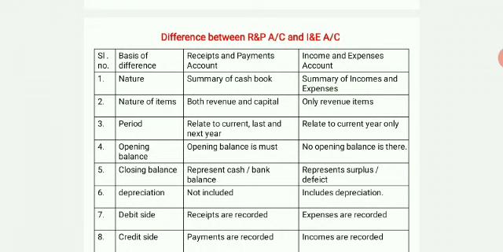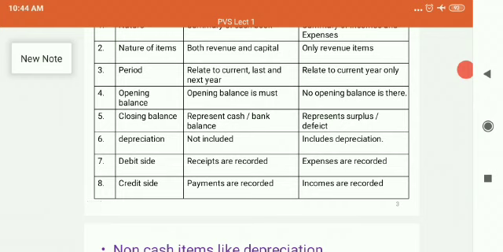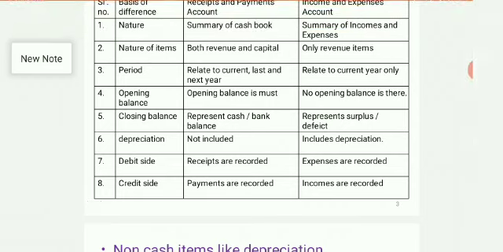The income and expenditure account records only revenue items. On the basis of period, the receipts and payments account relates to the current, previous and next year. The income and expenditure account relates only to the current year.